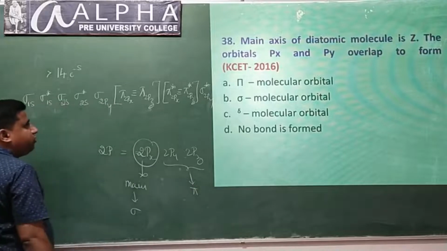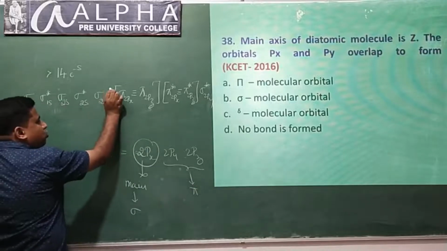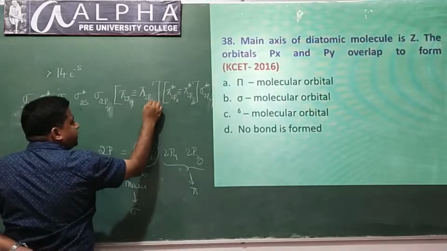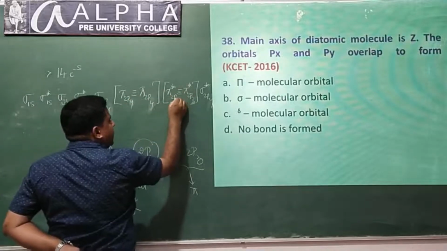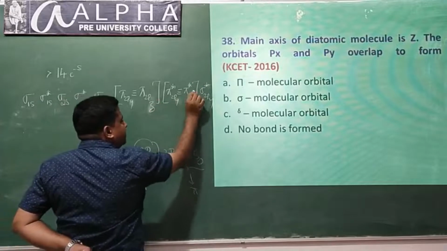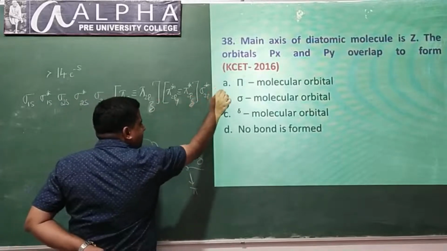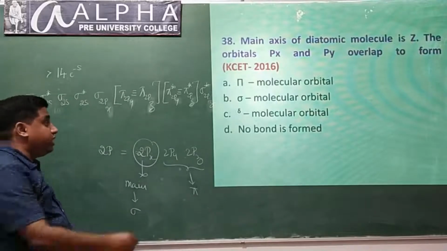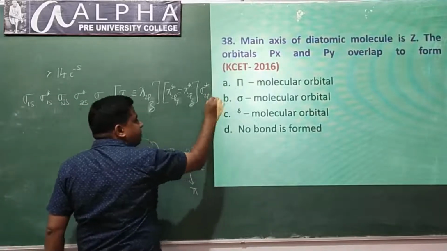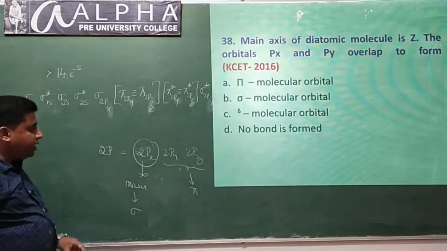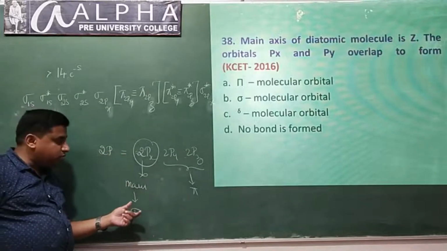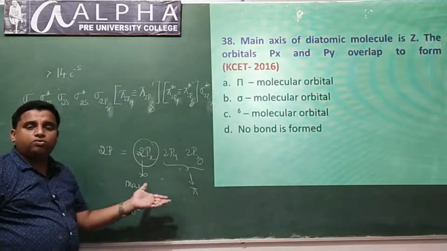Now the electronic configuration is going to be sigma 2px, pi 2py, pi 2pz, pi star 2py, pi star 2pz, and sigma star 2px. So if you choose one as the main orbital, that main orbital will form the sigma bond, and the other two orbitals will form pi bonds.